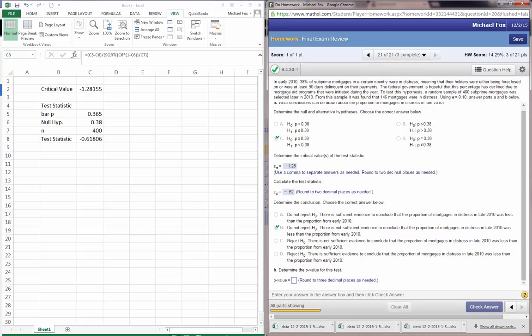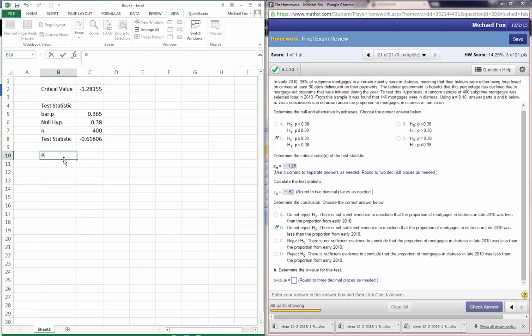All right, so to calculate our p-value, we're going to use another function in here, so p-value, that will return the probability of that test statistic actually occurring here.